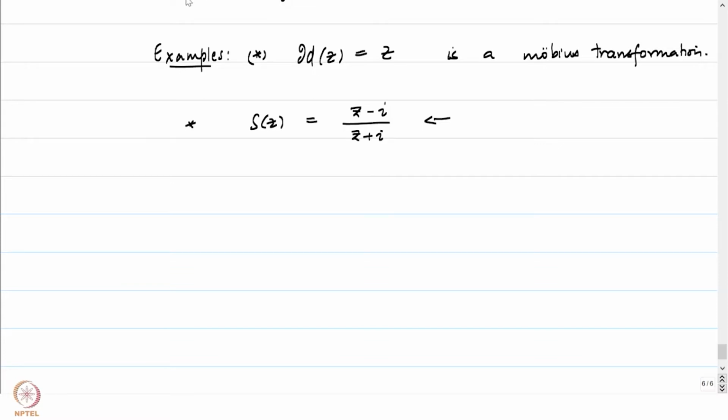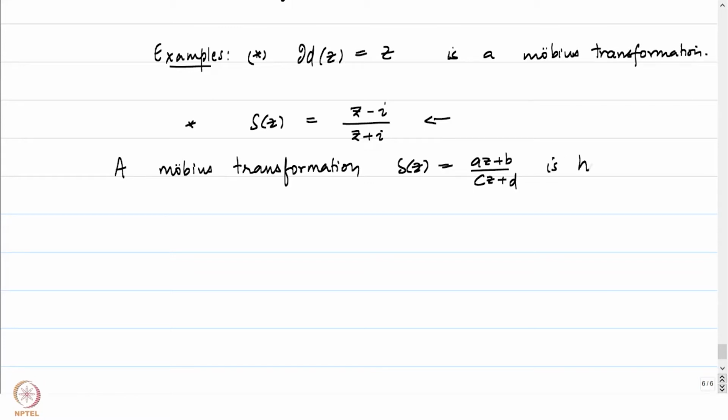So maybe on a more general note, a Mobius transformation, specifically say S of z equal to az plus b by cz plus d, is holomorphic at points in C minus minus d by c.